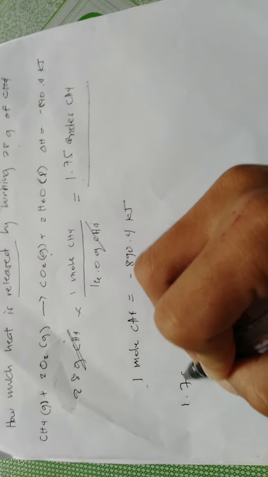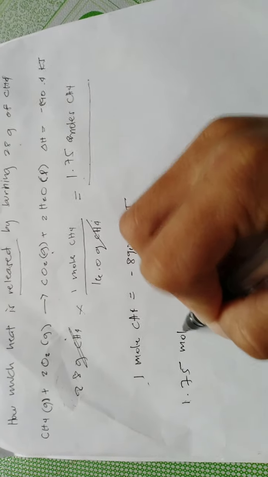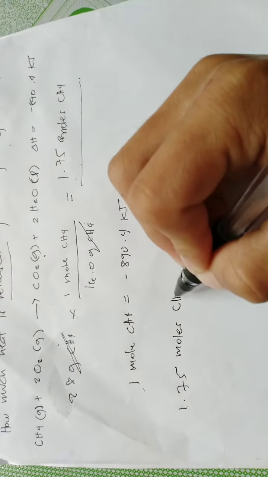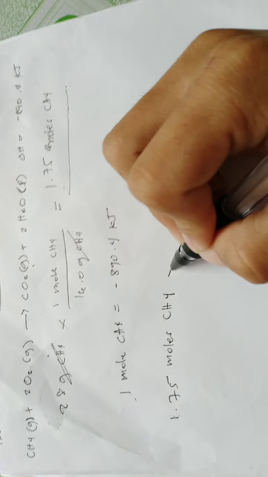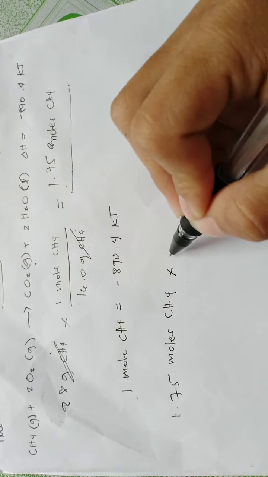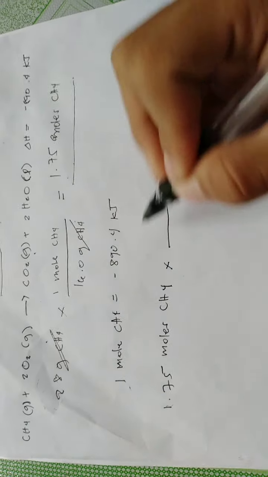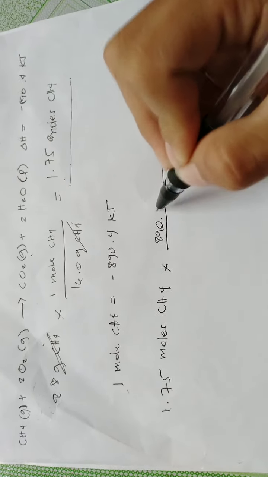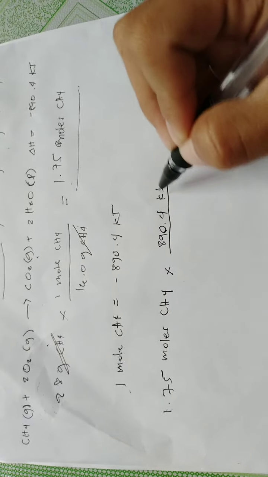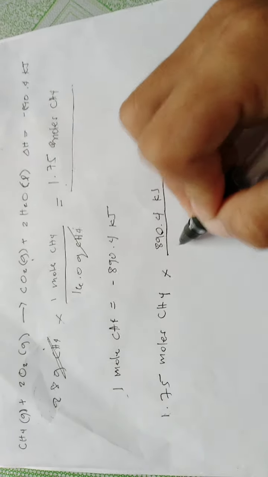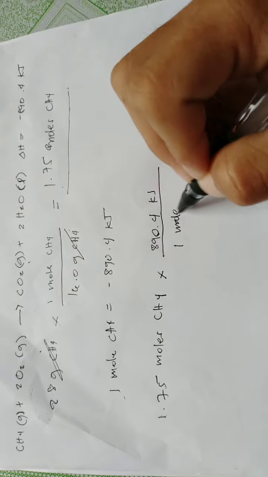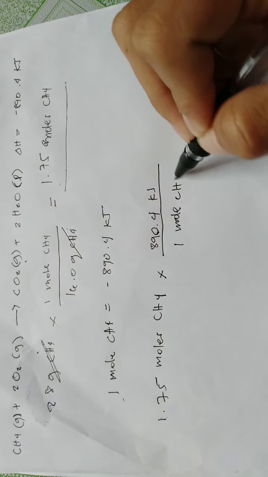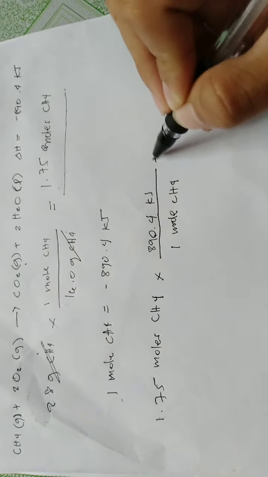So what we are going to do is 1.75 moles of CH4 multiplied by negative 890.4 kilojoules over 1 mole of CH4.